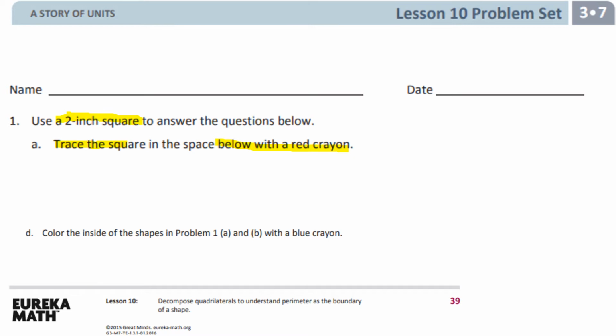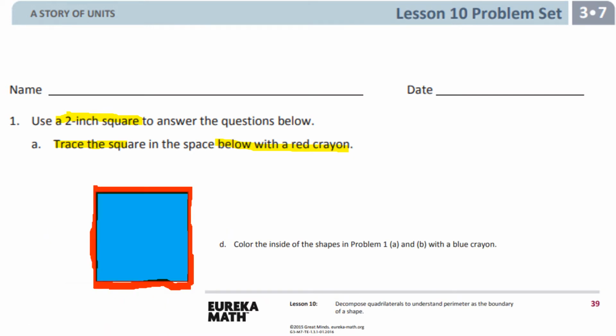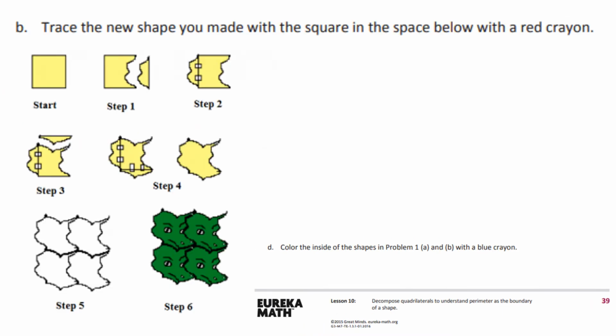All right, I'm going to move on because I think this was probably easy for us to do. So here you can see there's my blue square with a red outline. Now, as you can see, I kind of gave you the next steps to show you what you're going to be doing.